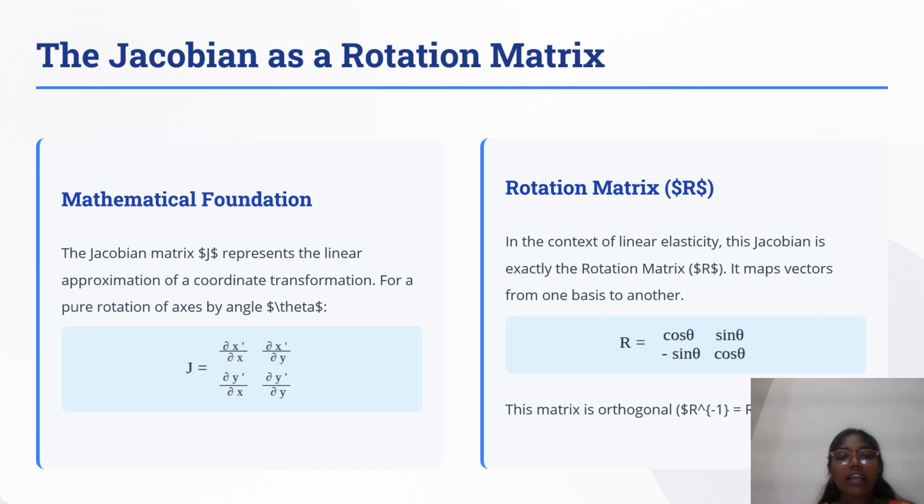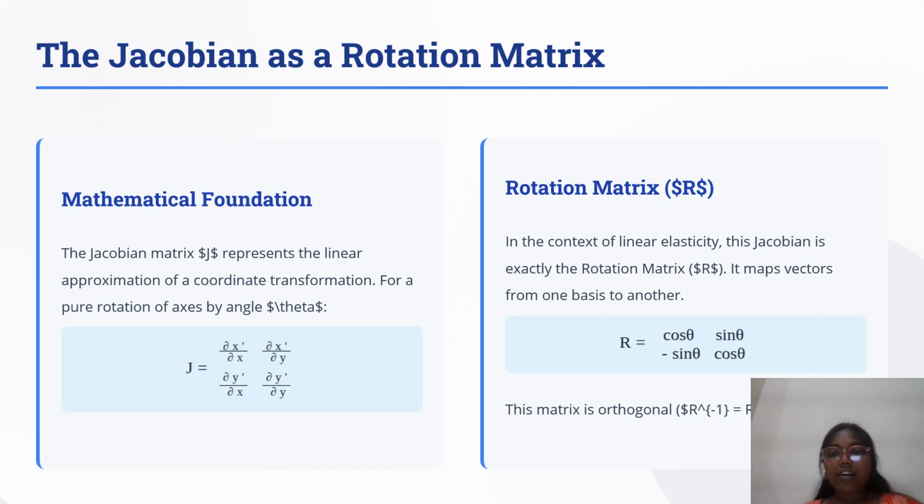The Jacobian as a rotation matrix, the mathematical foundation. The Jacobian matrix J represents the linear approximation of a coordinate transformation, for a pure rotation of axis by angle theta. J equals the matrix of partial derivatives: dou x by dou x, dou x by dou y, dou y by dou x, dou y by dou y.